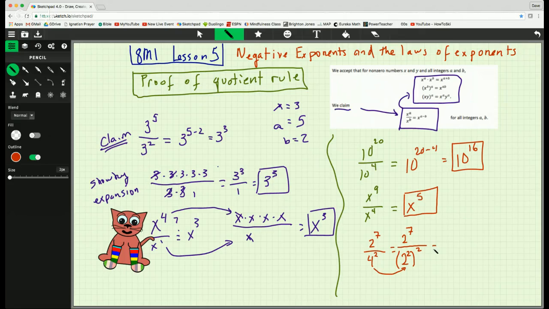So now we can rewrite this as 2 to the 7th over, and what would our power to the power rule say? They'd say this is 2 to the 4th. Okay, and now, because we have the same base, we can subtract exponents and say that's 2 to the 3rd.